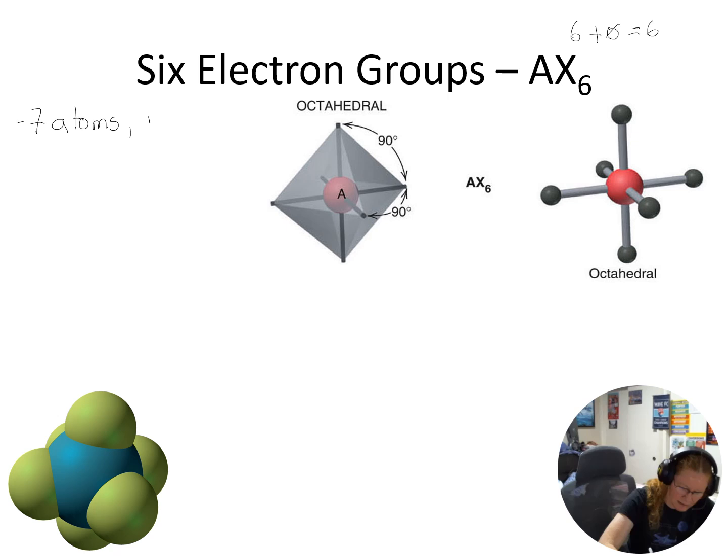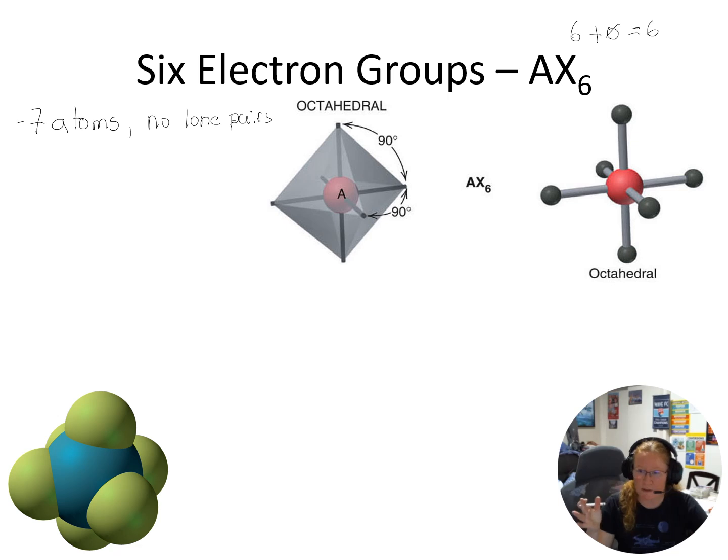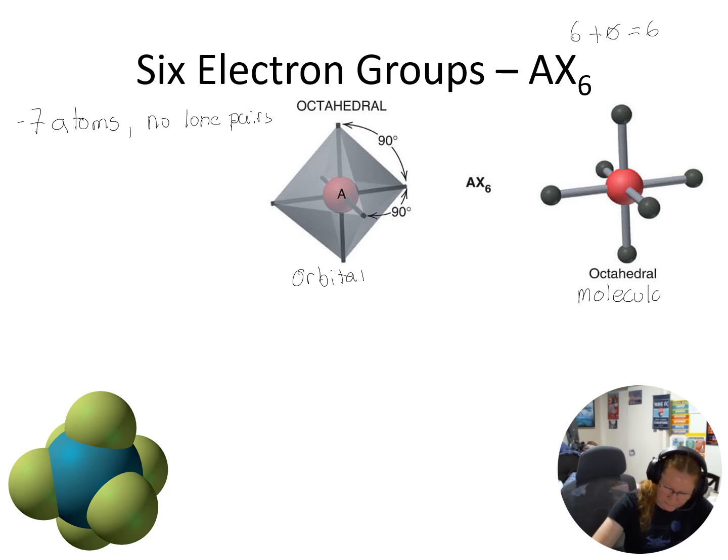There's no E's, so we have no lone pairs. Okay, as usual, when everything is bonding, we have idealized geometry. And so our orbital geometry and our molecular geometry are both the same, and they're both octahedral.